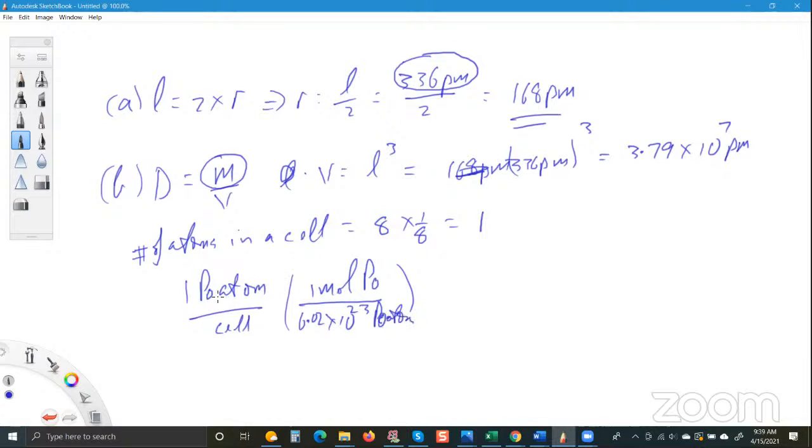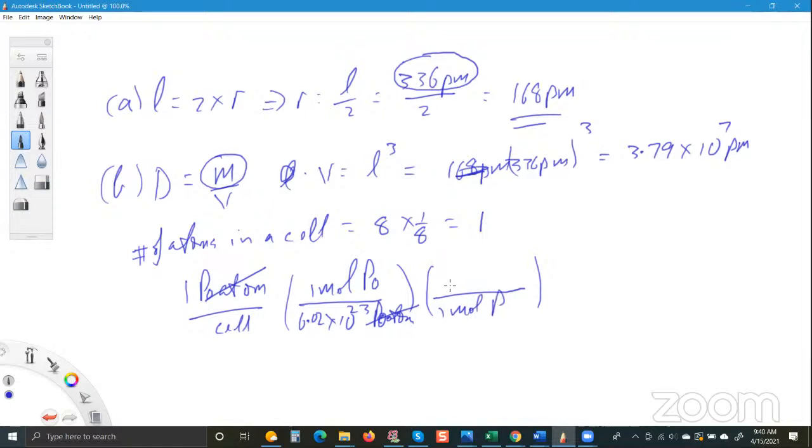When you do this calculation up to this point, you'll get the number of atoms in 1 mole. The next step is to find the mass of the 1 cell, or the atom in the 1 cell. So the molar mass would come into play here.